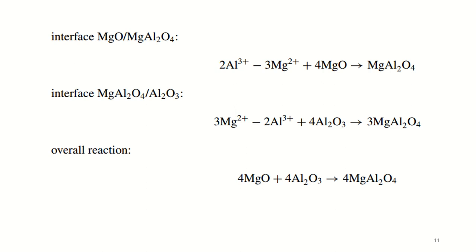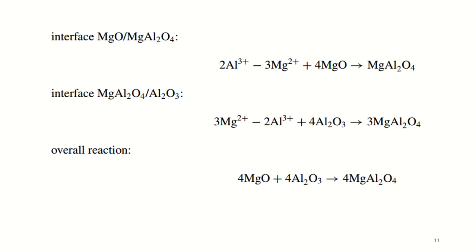The reaction that occurs at the interface may be written ideally as follows. Here is the interface for magnesium oxide and magnesium aluminium oxide, while this is for the interface of magnesium aluminium oxide and aluminium oxide, and the net reaction would be like this one, in which 4 magnesium oxide react with the aluminium oxide and change into magnesium aluminium oxide.